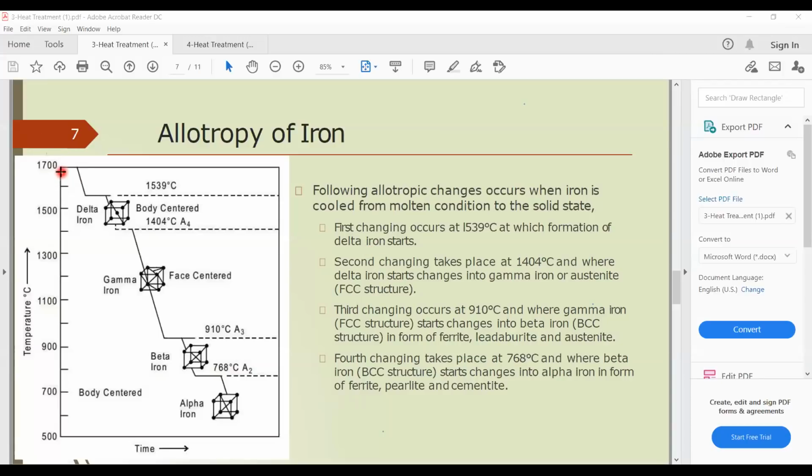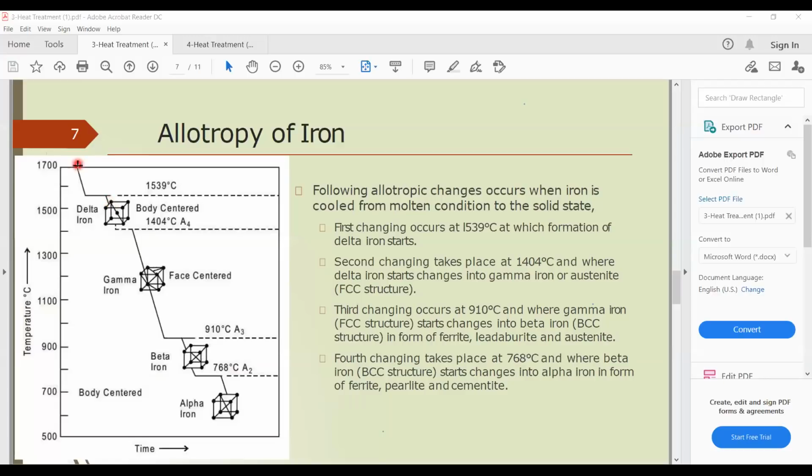So what you need to do is, that metal, specifically iron, is cooled from this molten condition to the solid state. So you are cooling down that molten metal, right? When you cool down this metal, the temperature of that molten metal becomes low and it starts to become solid.